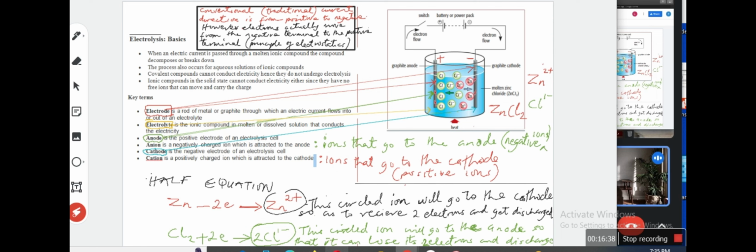So it becomes oxidized at the anode. Can you repeat that? It broke up. Let me repeat what I said. Can you hear me now? This chlorine is negatively charged, isn't it? Remember, it is going to where?